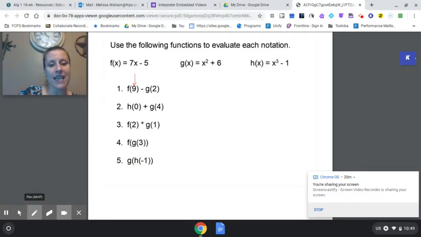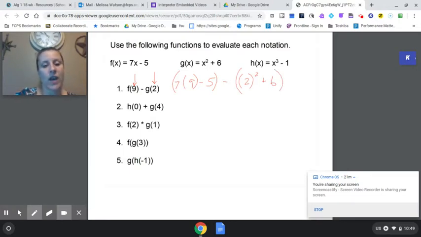So 9 is the input. So if I look at f's function, it says 7 times x. Well, we're putting 9 in for x, minus 5. And we're subtracting off g of 2. So 2 is the input, but we're plugging it in g's function. So g's function says we take x, in this case 2, and square it and add 6. Again, we're subtracting those two values.